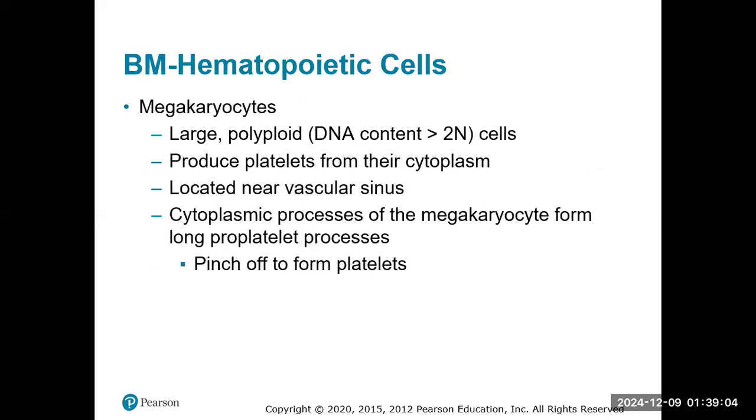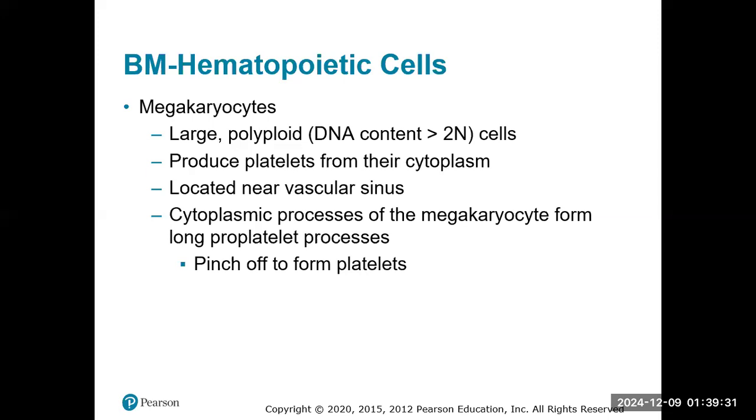And then megakaryocytes, as I mentioned before, are going to be the largest cells that are actually in the bone marrow, and they produce platelets. So with all of our other cells, through the maturation process, they start out larger and they get smaller. That's typically what happens. The precursor cells, the blast form, the more immature forms tend to be larger, and as they mature, they get smaller.